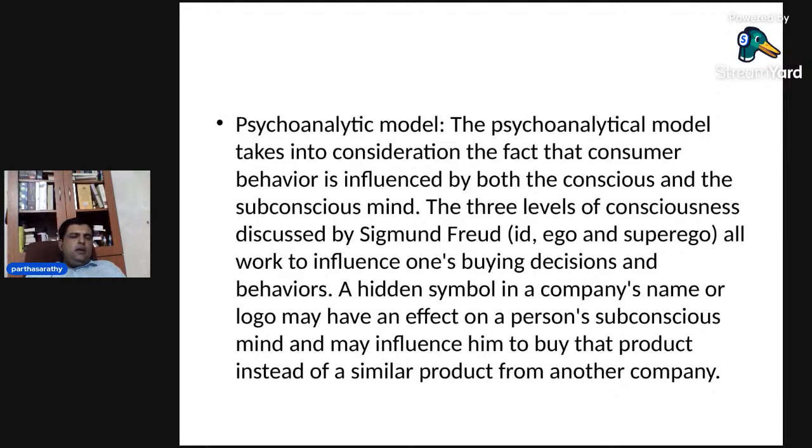So you can keep it as id based on pleasure, ego based on reality, superego based on the norms: what is right, what is wrong, accepted and unaccepted behavior. All these work to influence one's buying decision and behavior. A hidden symbol in a company's name or a logo may have an effect on a person's subconscious mind and may influence him to buy that product.